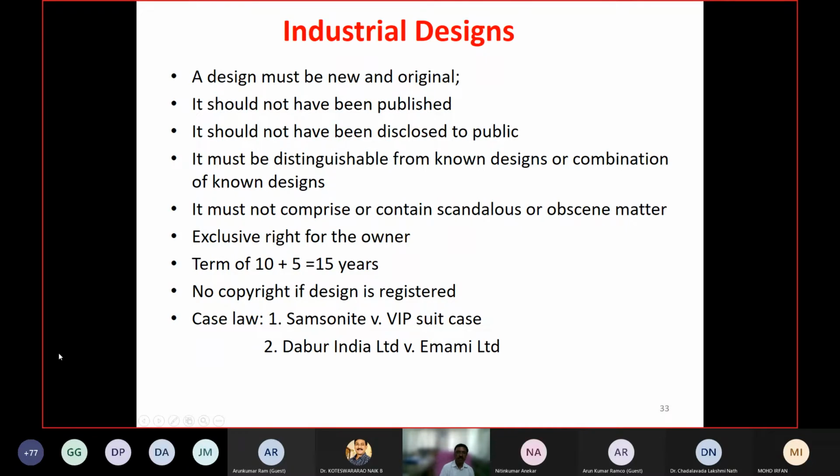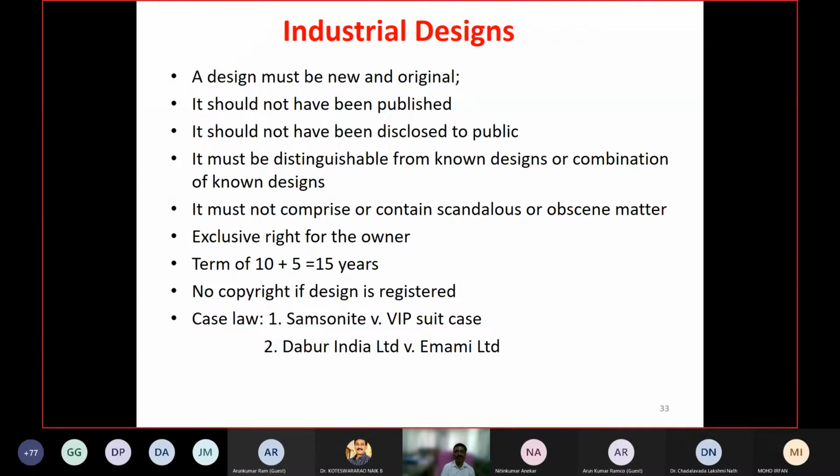But if you look at the interesting portion, Section 15 of the Copyright Act. So I'm talking here about the famous interface between copyright and design. What is this about? Here, Section 15 of the Copyright Act, subsection 1 says the same thing I said.